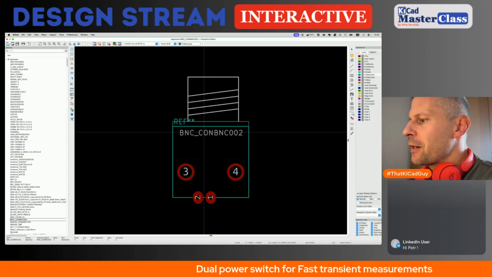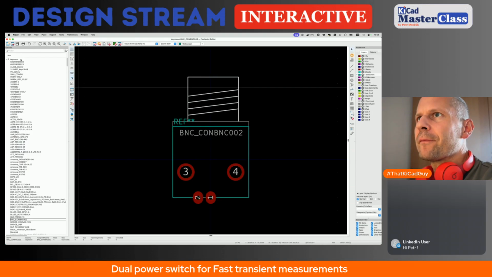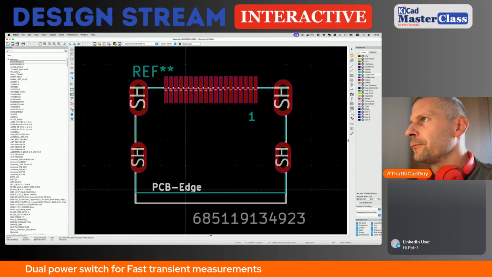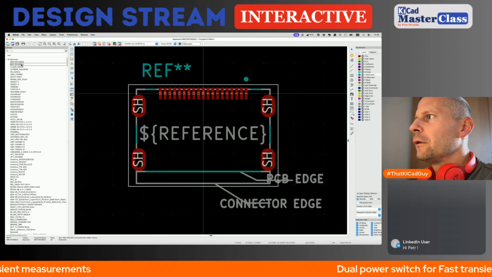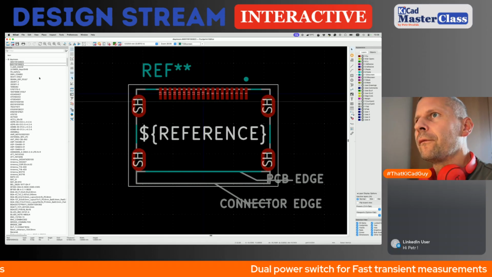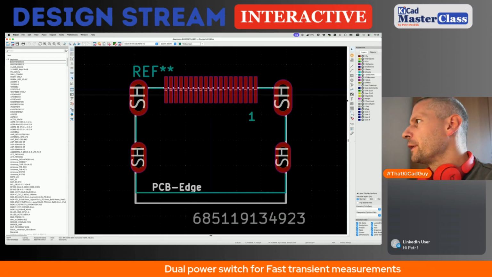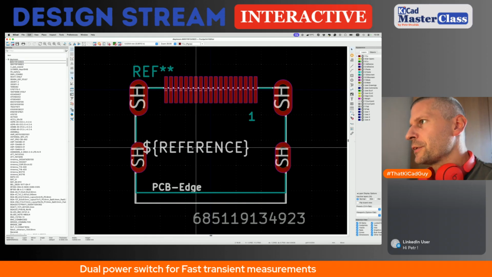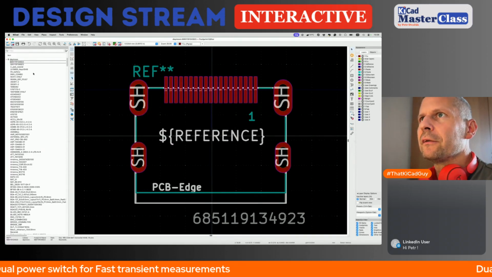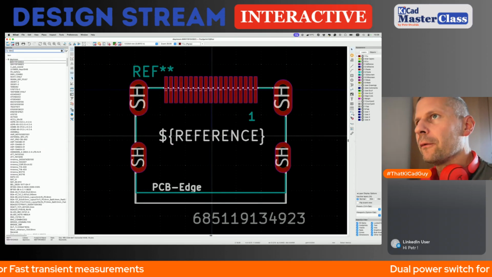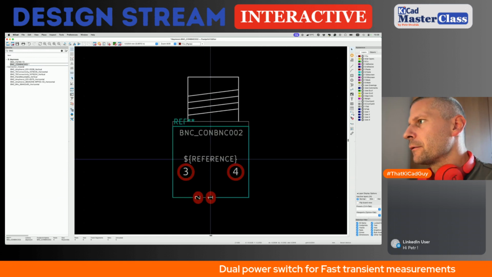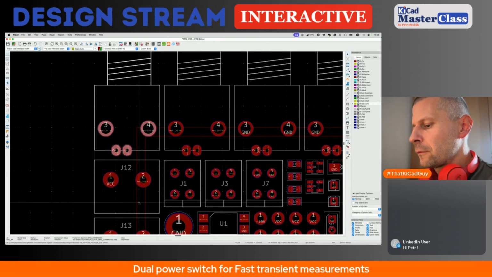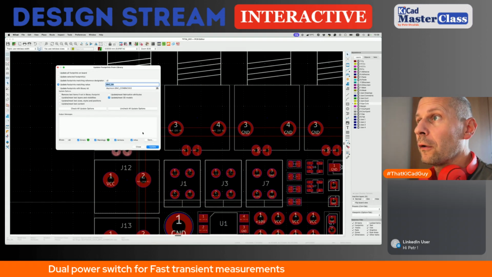Yeah, I clearly remember I worked on this footprint as well as on this one a long time ago, and we all learn.